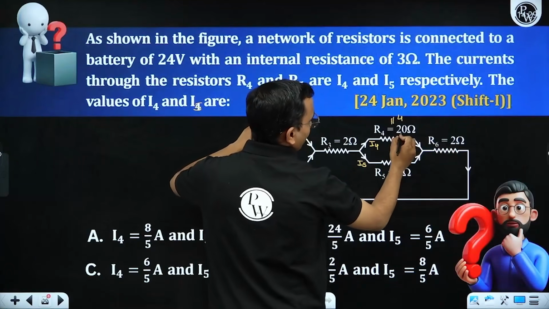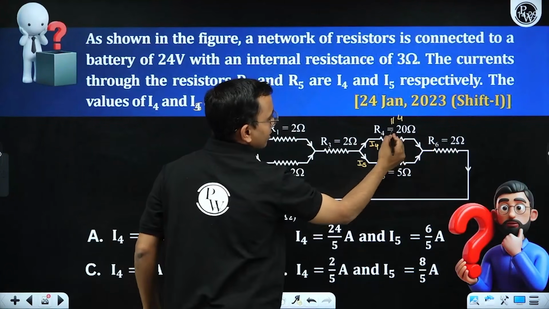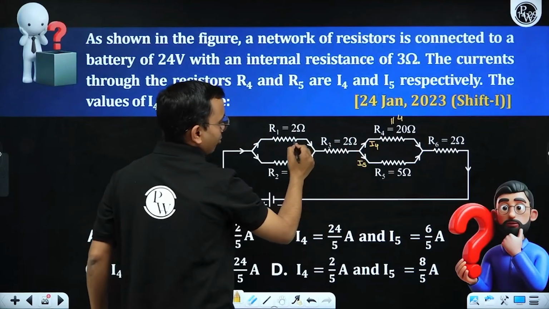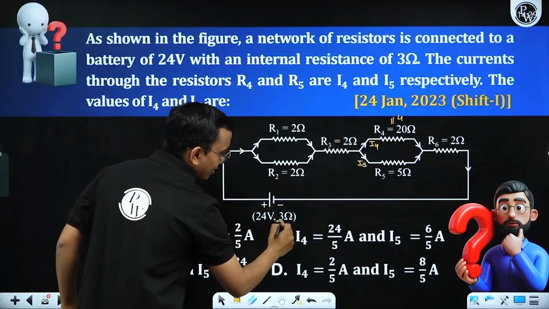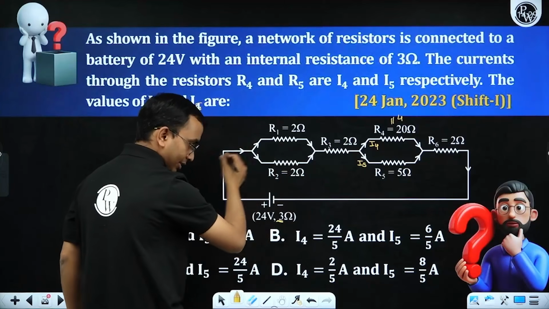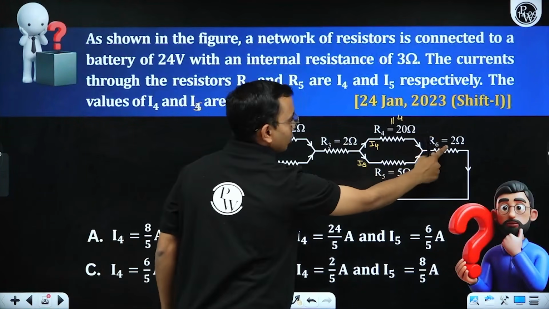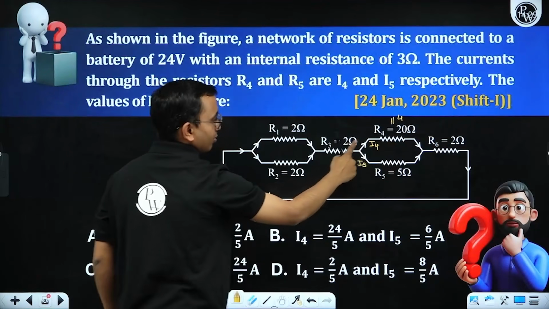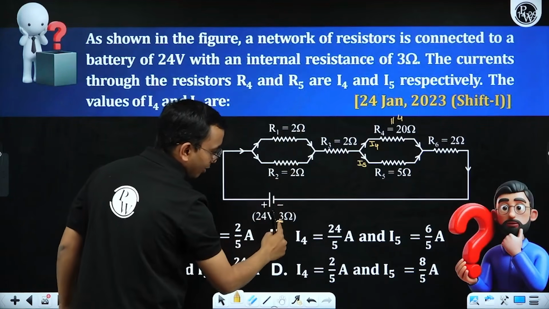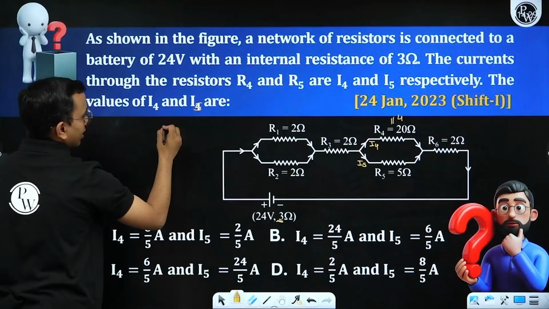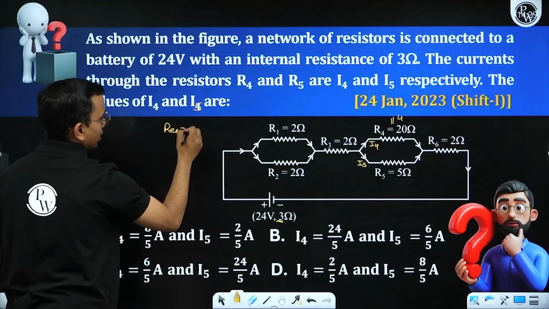So 2 plus 4 is 6. 6 plus 2, 8 plus 1, 9. And this 3 is in series only. So 9 plus 3, 12. So the total resistance is 12 ohm.